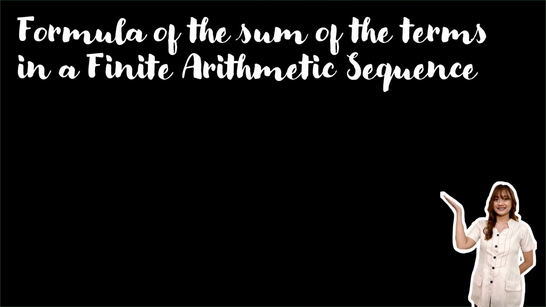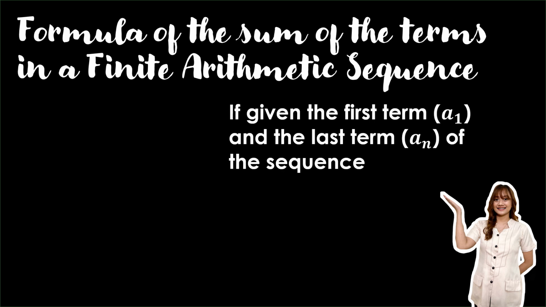The formulas for the sum of the terms in a finite arithmetic sequence are the following. If given the first term denoted by a sub 1 and the last term denoted by a sub n of the sequence, we use this formula: S sub n is equal to n over 2 times the quantity a sub 1, the first term, plus a sub n, the last term.